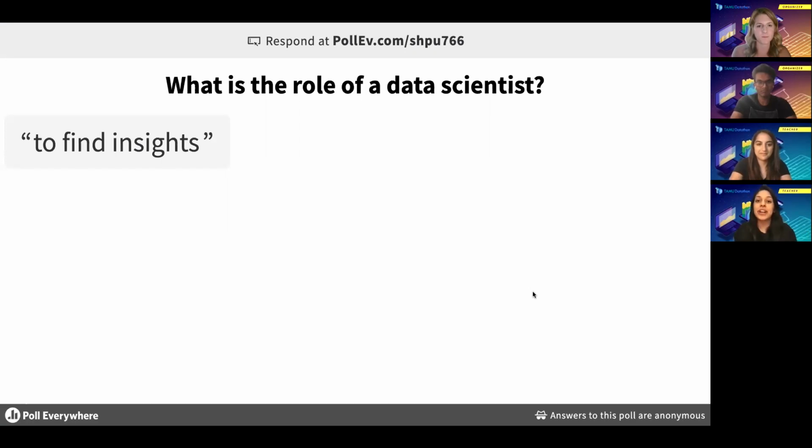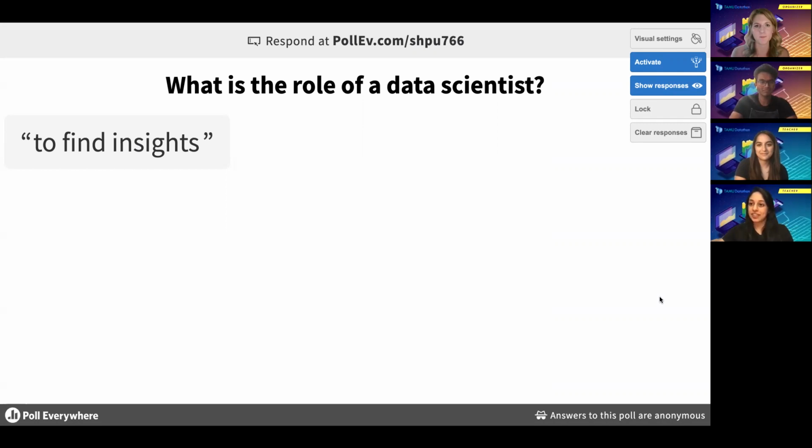So if you type in the poll link at the top into either a web browser or on your phone, then you should be able to go into the poll and generate answers, and it'll show up on this slide. So please start doing that now. And also let us know if there are any technical issues.